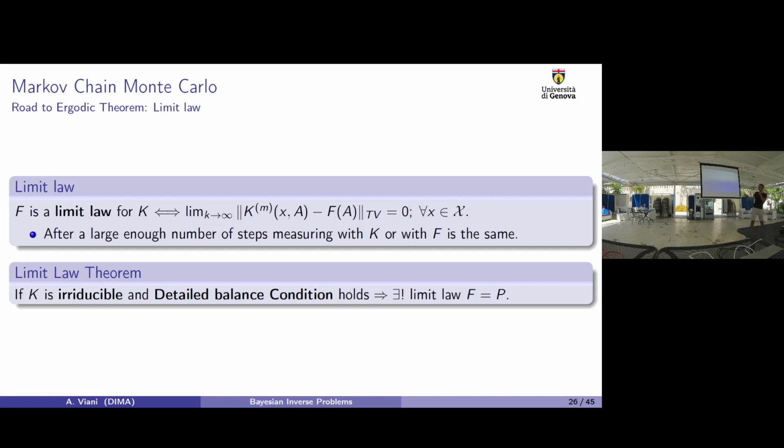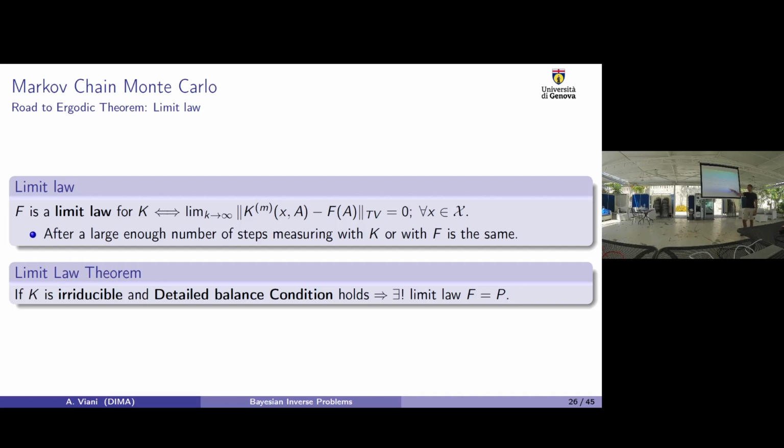I think that the main focus is the theorem that says that if I have an irreducible kernel that is invariant, or that satisfies the detailed balance condition, then there exists only one limit law, and the limit law is the measure that is invariant with respect to K. And this theorem holds if I use that definition for limit law.